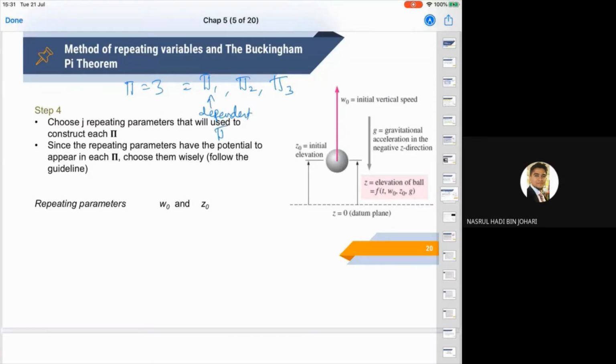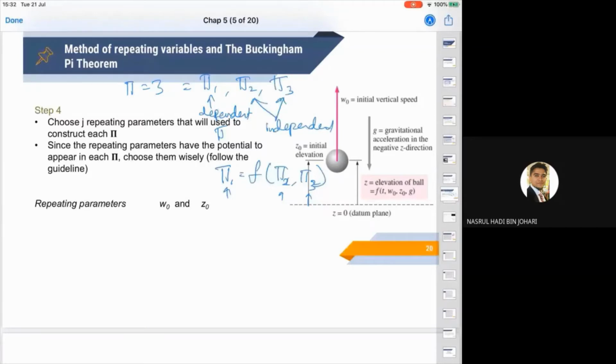Pi 2 and pi 3 are independent pi's, meaning if we write it down, pi 1 equals a function of pi 2 and pi 3, meaning whatever value in pi 2 and pi 3, definitely it will affect pi 1, something like that. Yeah. Okay, now we move to step number 4.